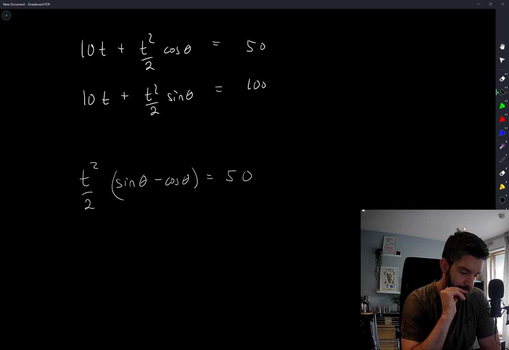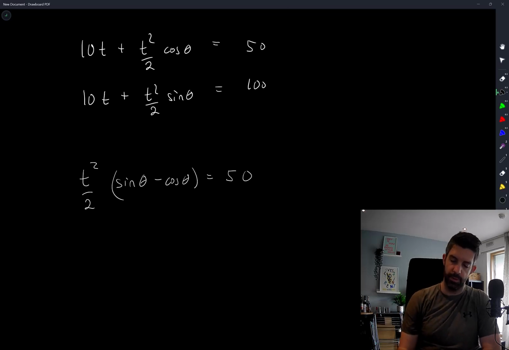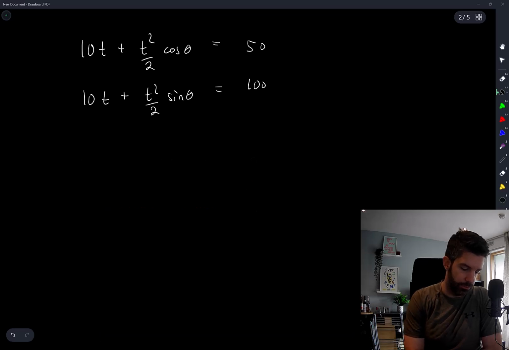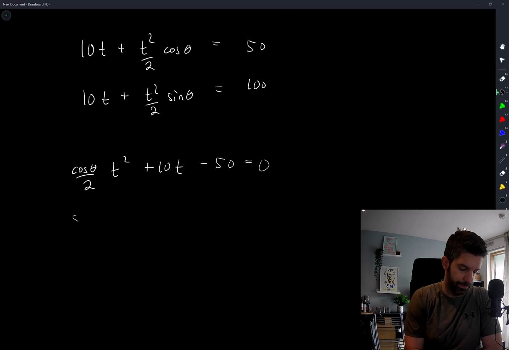Maybe instead, here's a better way of doing this, I think. I'll treat both of these as quadratic equations. So let's write it as cosine theta over 2 times t squared plus 10t minus 50 equals 0, and sine theta over 2 times t squared plus 10t minus 100 equals 0.